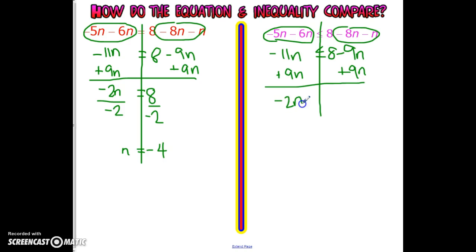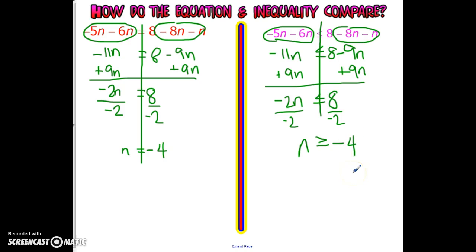Negative 2n less than or equal to 8. Now when we divide by negative 2, this is that one little step that I was mentioning before. Don't forget that when you divide by a negative number, you have to flip the inequality symbol.